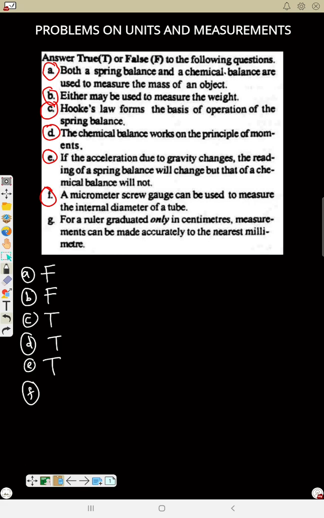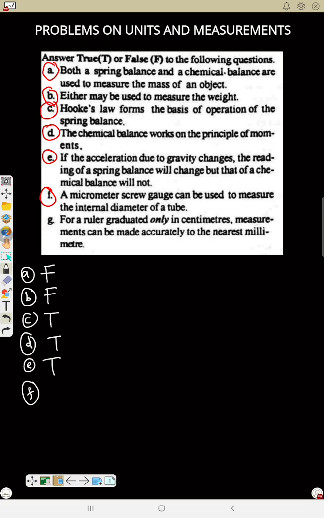So that means this one given in this F is best used for vernier calipers. That is, vernier calipers can be used to measure internal diameter of a tube, but not micrometer screw gauge.